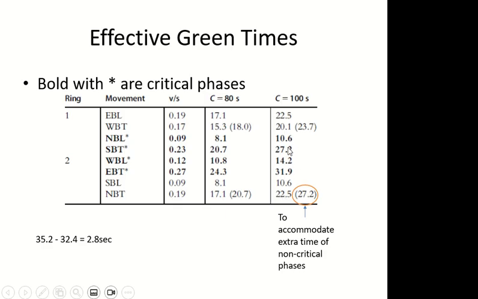But they are parallel, so it will become 27.2. Eventually you will do it for all the movements, then go back to your phasing plan and see which one is critical, which ones are parallel, and you make them equal. Equal means you will take the higher value of the two. So for the two parallel movements, I will take the higher value.